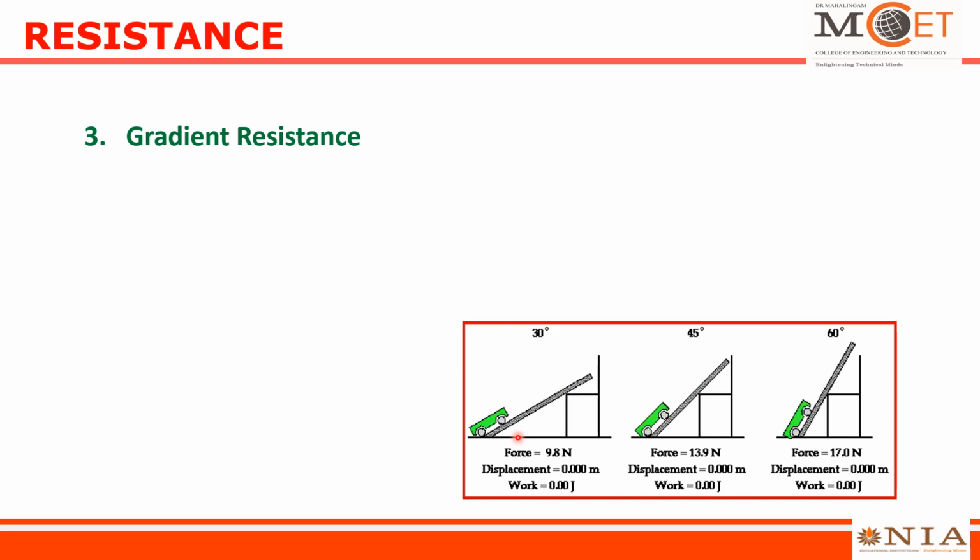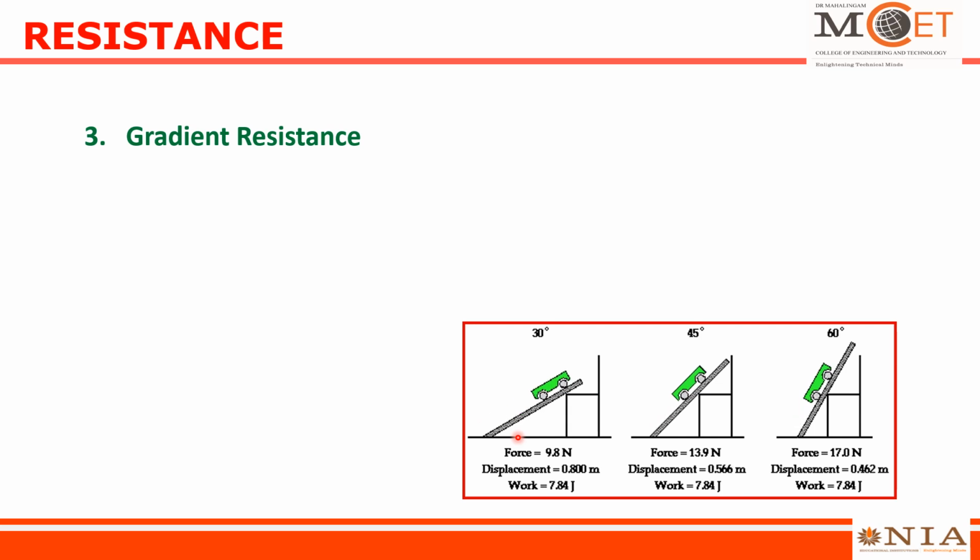This angle produces some sort of resistive force against the movement of the vehicle, so we call it gradient resistance, because the resistive force is generated because of the angle of slope, because of the grade we give.